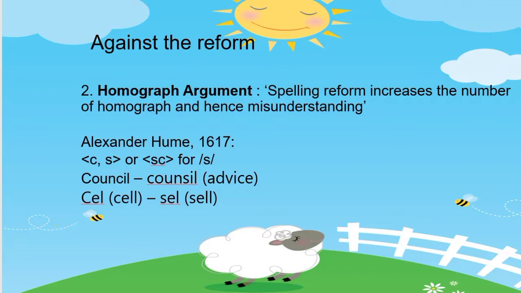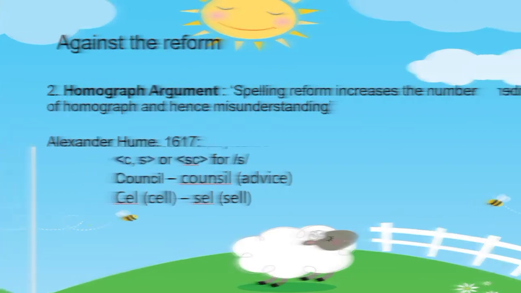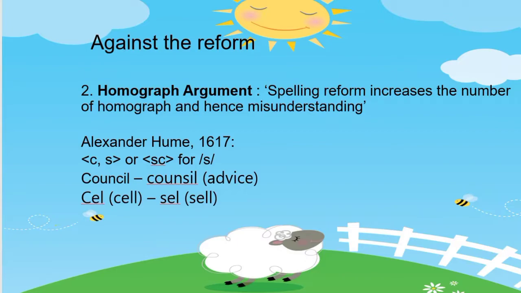The second set of words here is cell, which is spelled with the letter S. Cell with one L is a process through which a child acquires a certain knowledge, and the second one is a handover.